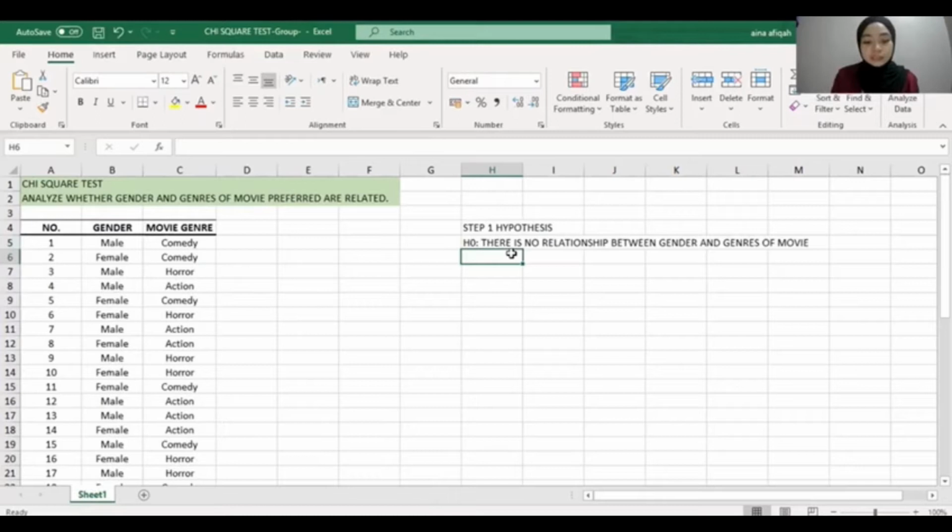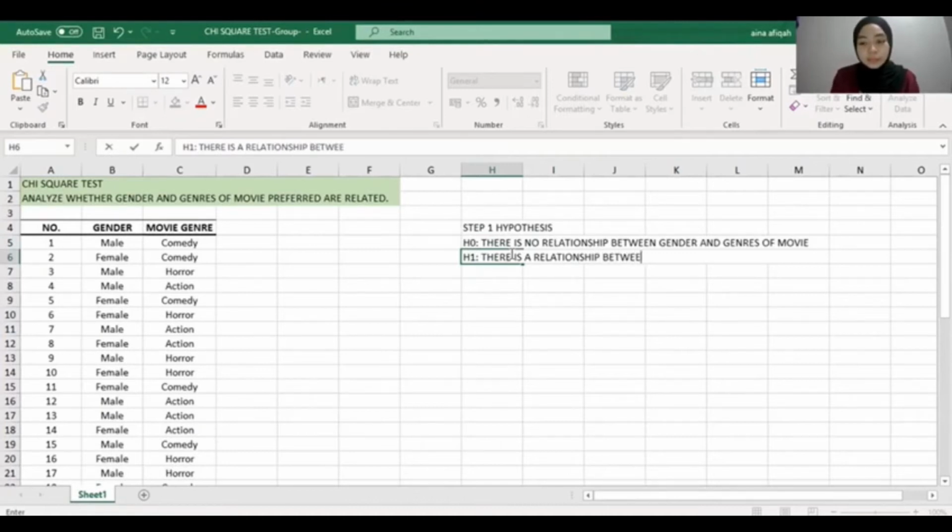And for the alternate hypothesis, we say that the two categorical variables are dependent. So that means there is a relationship between gender and genre of movie.